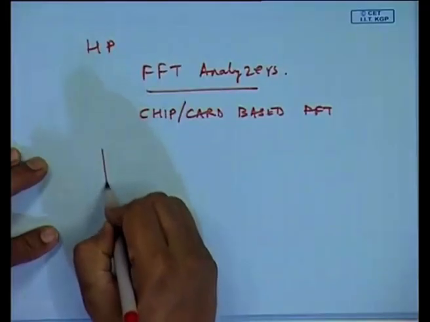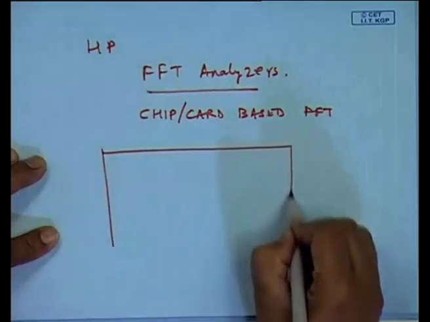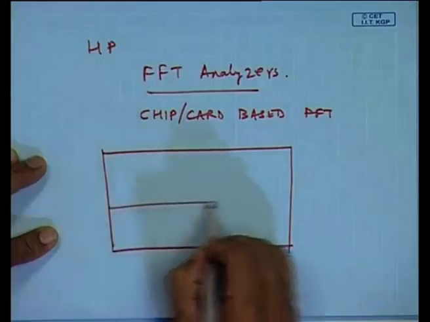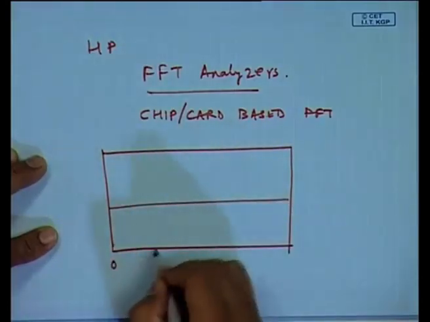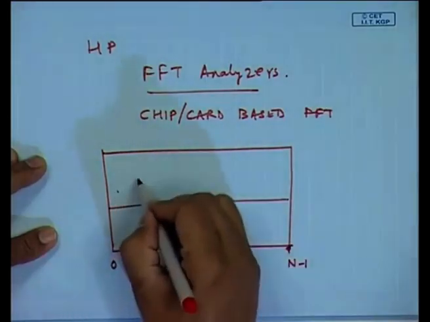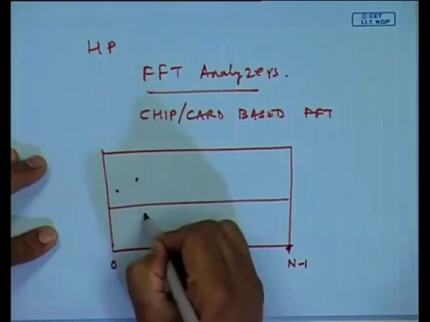Well, so what is FFT? FFT is nothing but an efficient algorithm to do DFT, but what FFT gives us is very important. To begin with, I have a block of sample data, 0 to n, n minus 1 to be precise.